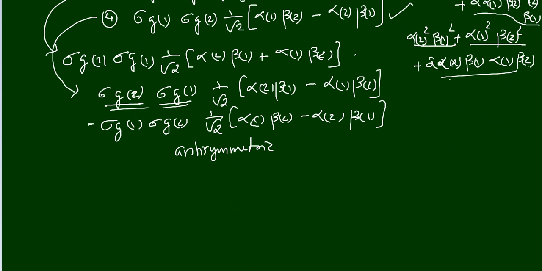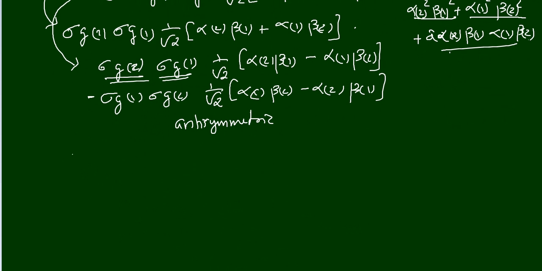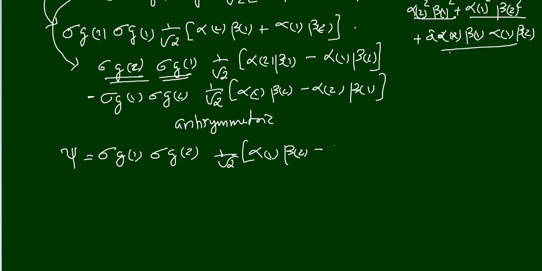So in our case, psi is equal to sigma g1 sigma g2 1 divided by root 2 alpha 1 beta 2 minus alpha 2 beta 1. This represents the psi. This represents the wave function for the hydrogen molecule as a first approximation.